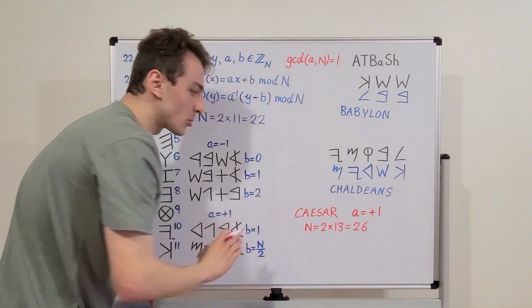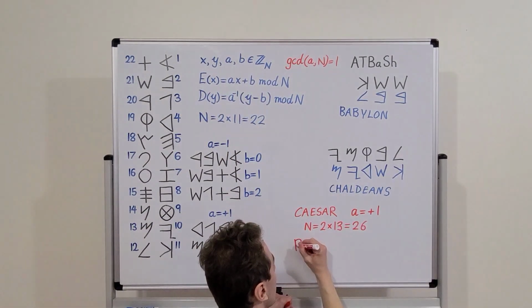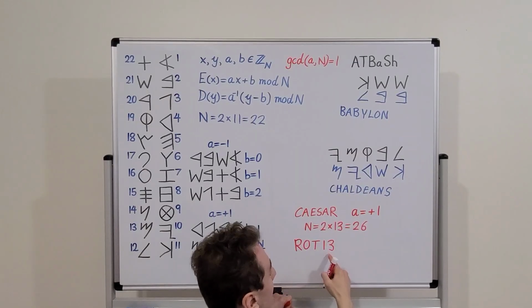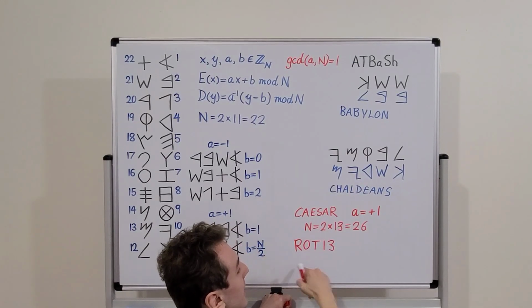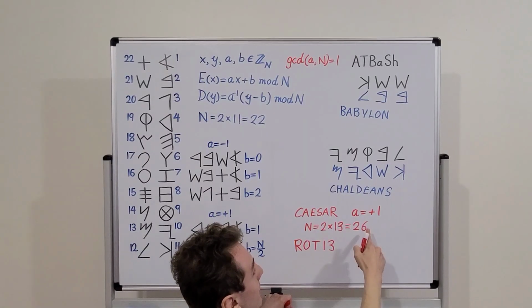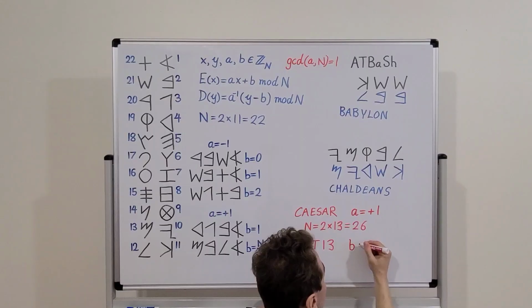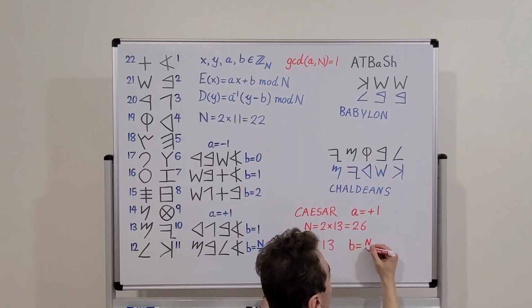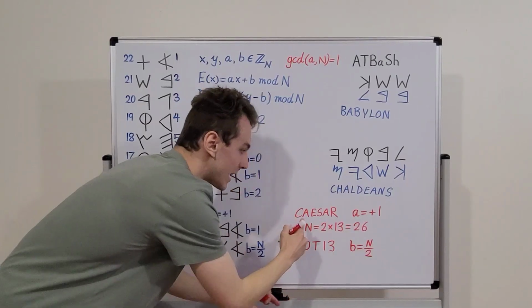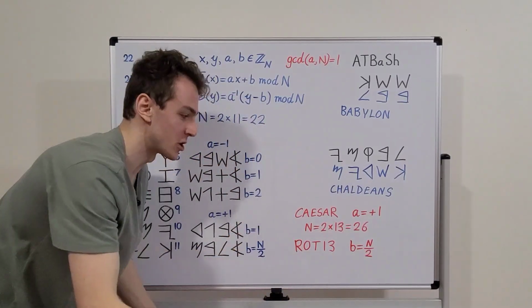There's actually a special case of the Caesar cipher, which is referred to as ROT13. And this is a very special case because 13 is 1/2 of n. So we're again dealing with the case where b is equal to n on 2. ROT13 is a special type of Caesar cipher where encryption is the same as decryption.